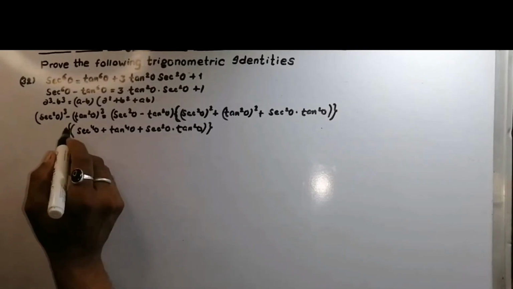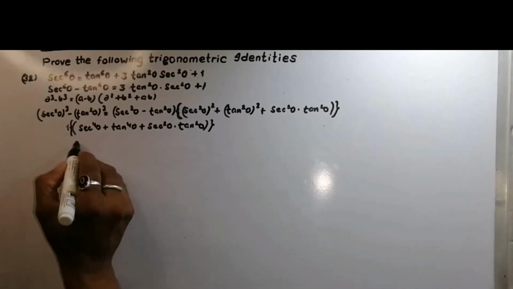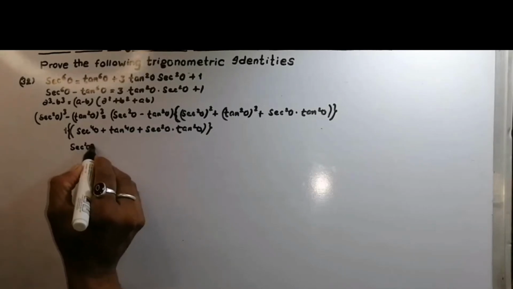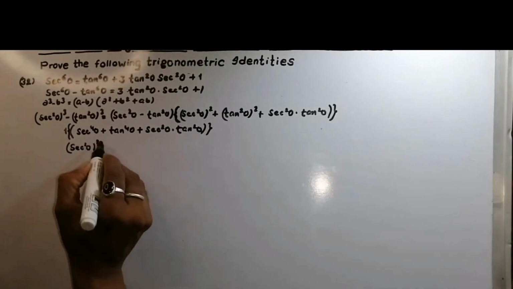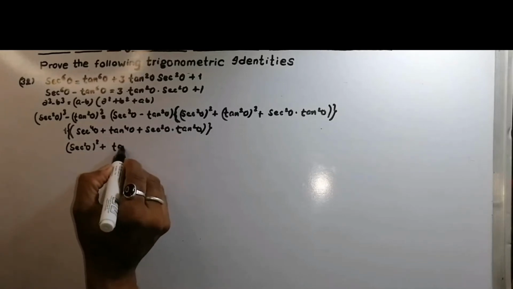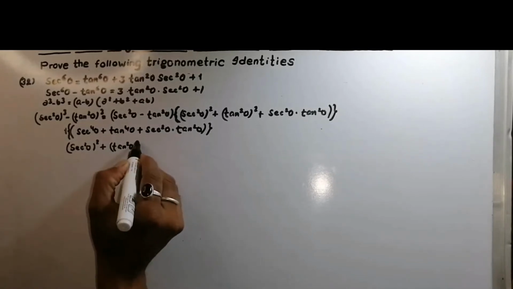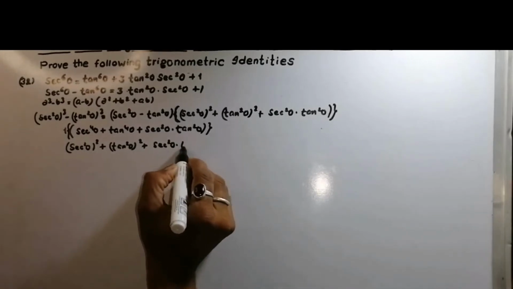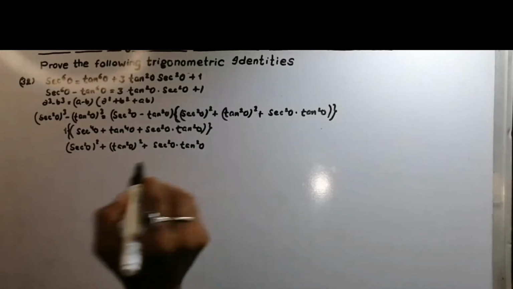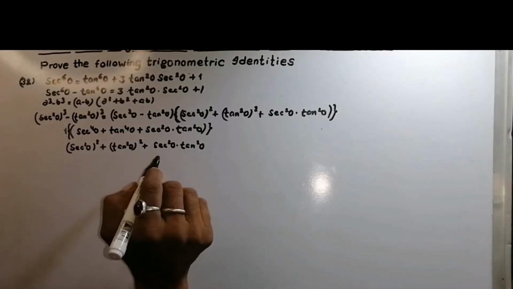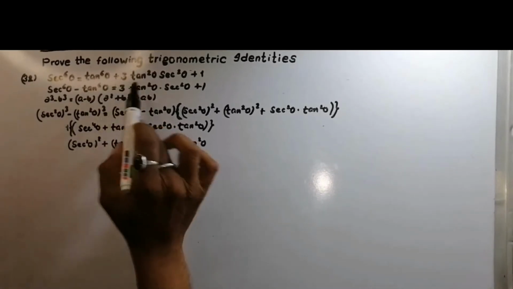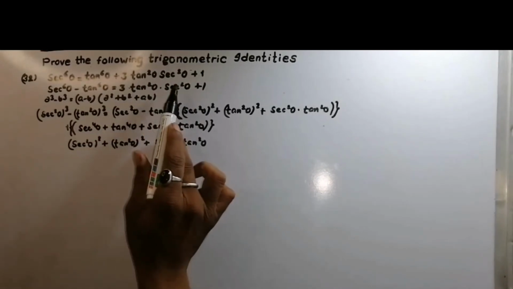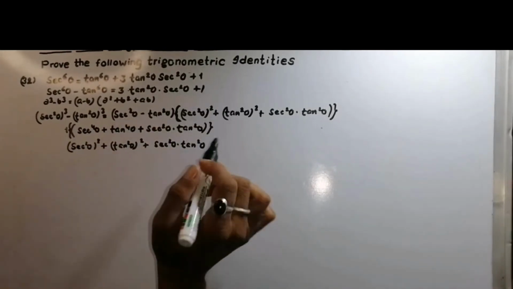Now we can write it again, sec square theta whole square plus tan square theta whole square plus sec square theta into tan square theta. And we need to bring this number 3 tan square theta into sec square theta plus 1.